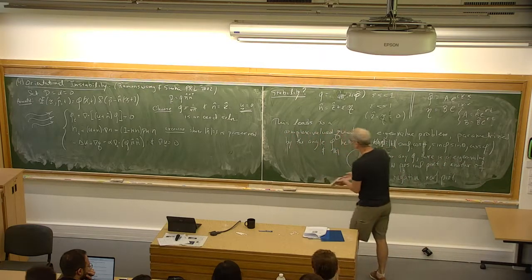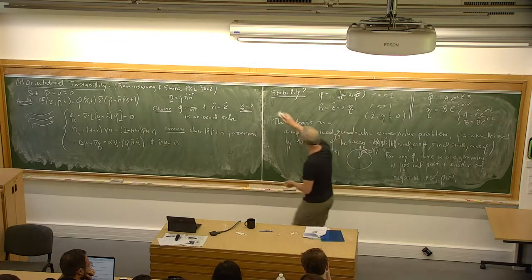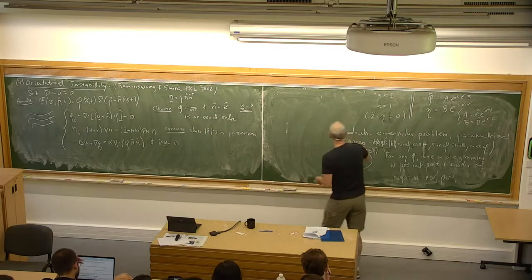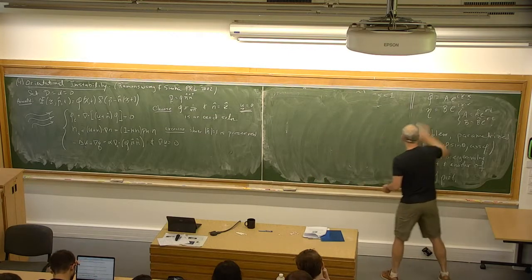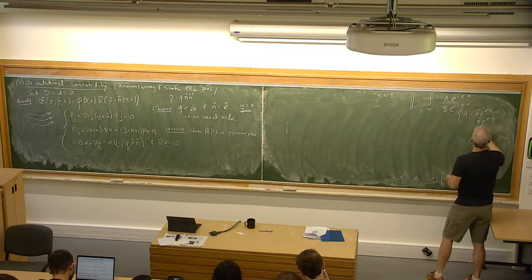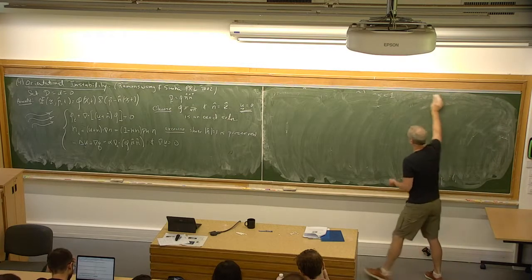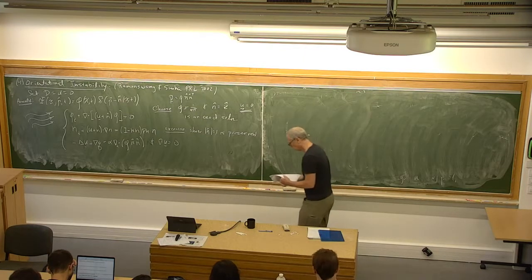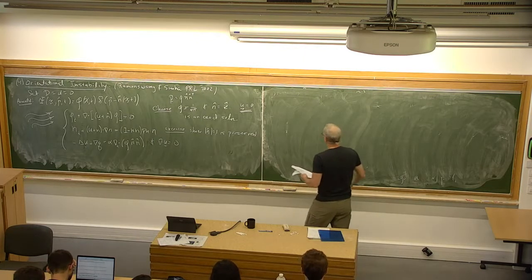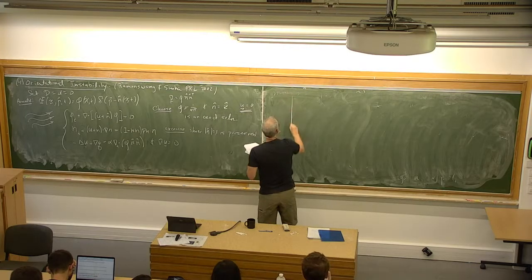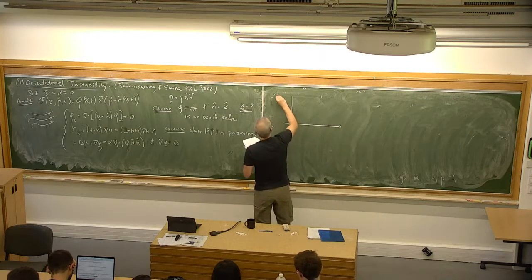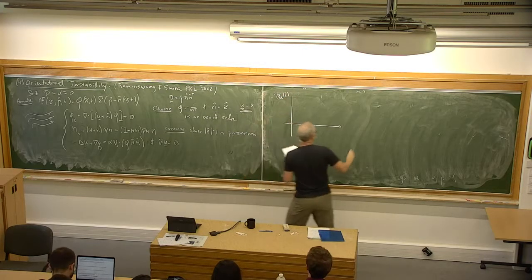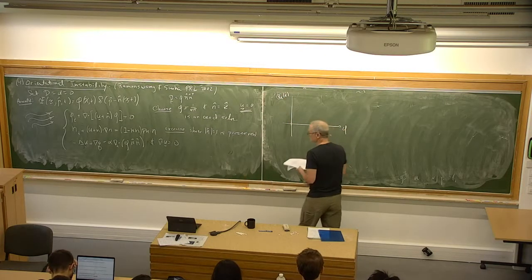Okay. Now, let me say a little bit about the form of this solution. What I want to plot is the real part of sigma, and I'll have two branches, versus phi.